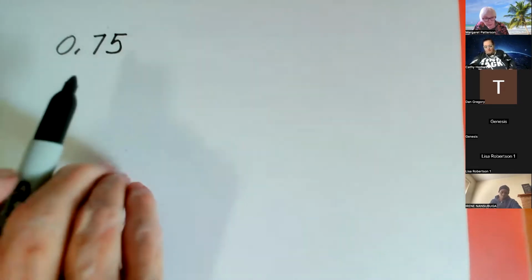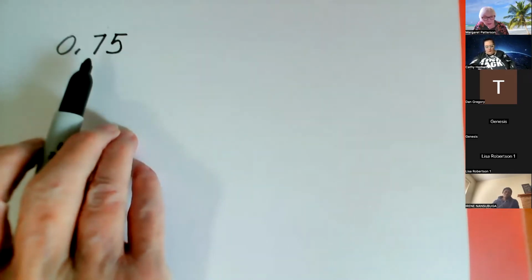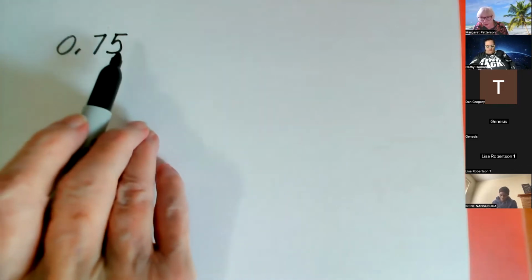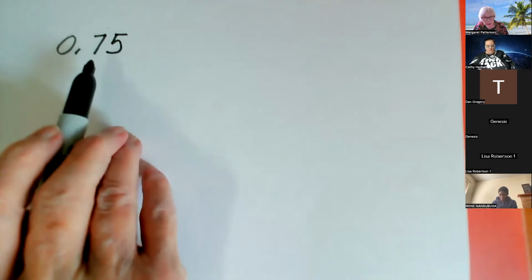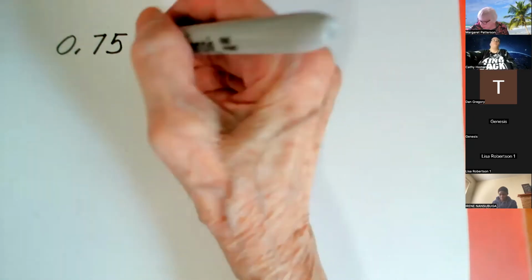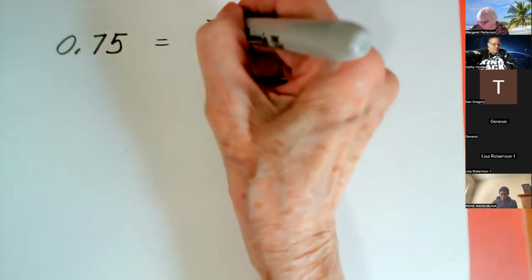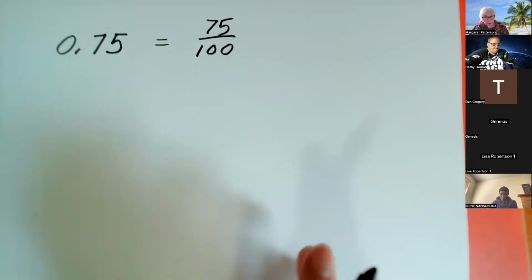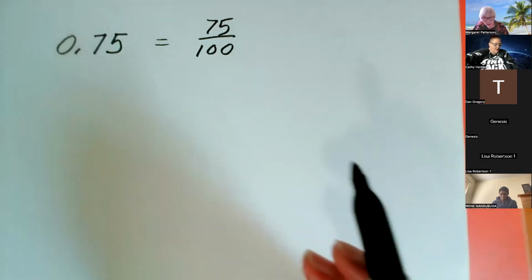If you have a decimal and you want to make it a fraction, if you can read it, you can do it. Remember, this is tenths, this is hundredths. So it's 75 over 100.